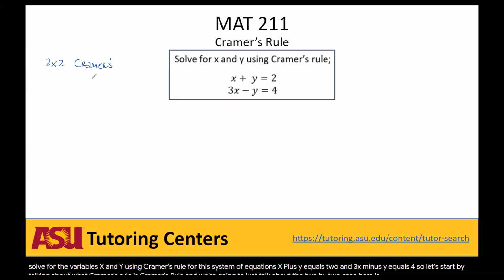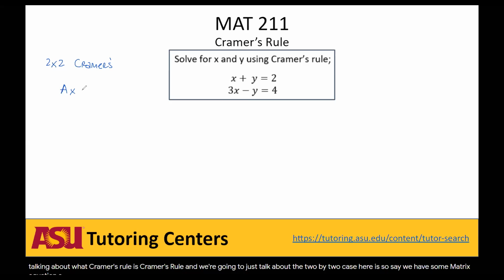is, so say we have some matrix equation A x equals B, okay? Where A is going to be a 2 by 2 matrix of coefficients. Let's just say A11, A21, A12, and A22 here, okay?